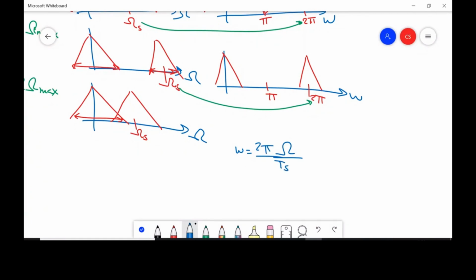So this is the relationship between the two. I hope I did it right. No, it is not right. The right one is this one.